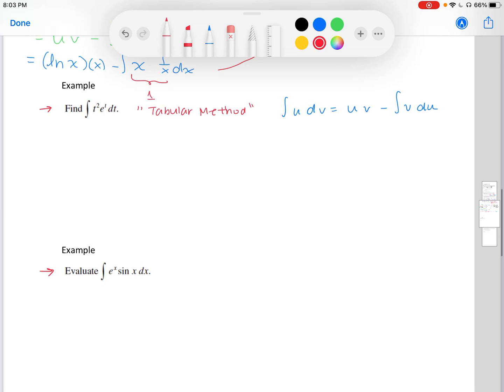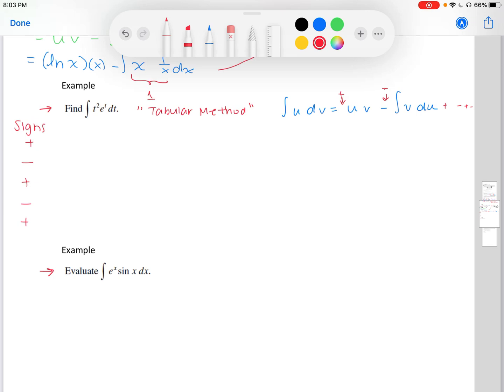So we see here our first term is positive, our second term is negative, and it's going to continue that pattern so that the next term would be positive and then negative and then positive and negative. So with the tabular method, you want to keep track of our signs. So we have positive, because our first term should be positive, then negative, and then positive and negative, and so on, however many we need.